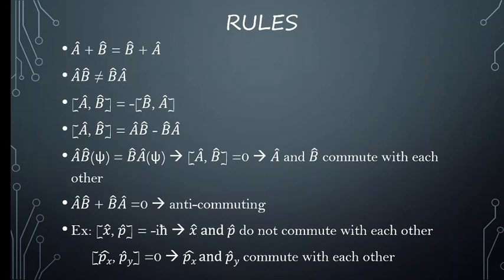So momentum along the x-axis as well as momentum along the y-axis can be measured at a time. Based on these inner products, we can easily say whether they are commuting or non-commuting, that is, whether they can be measured simultaneously or not.